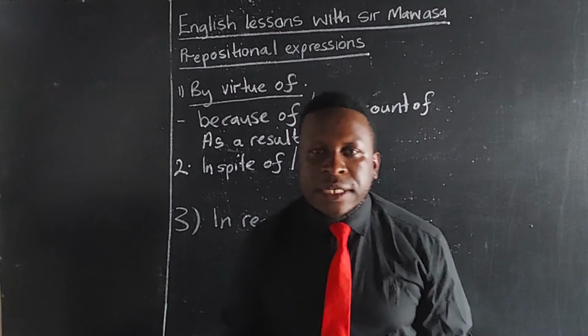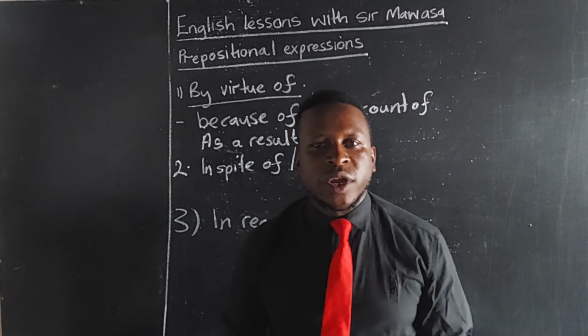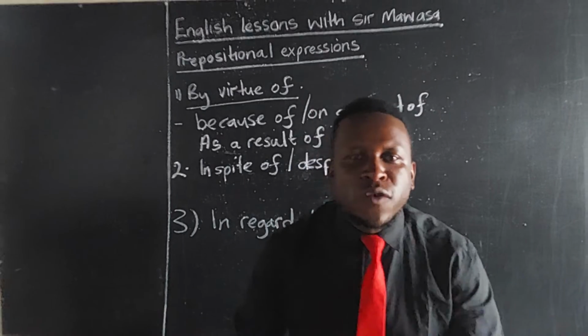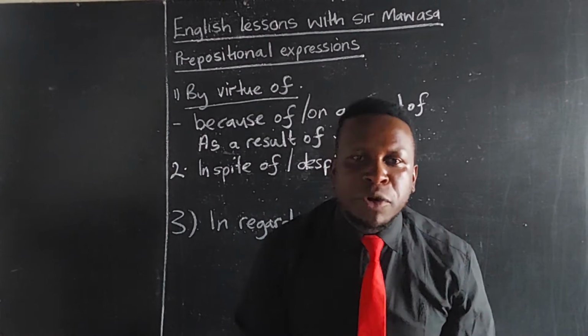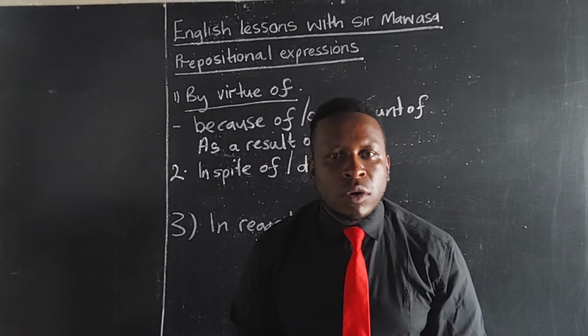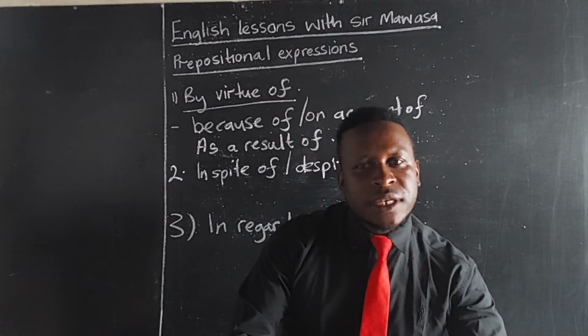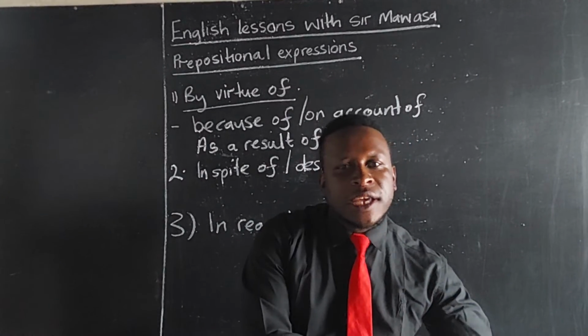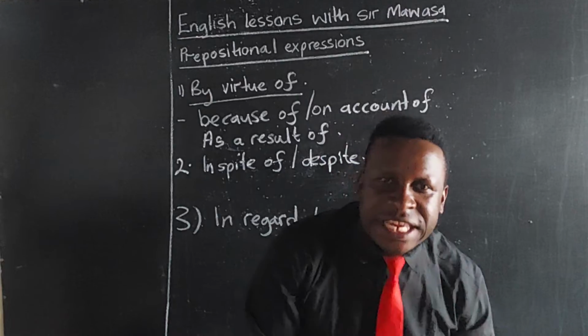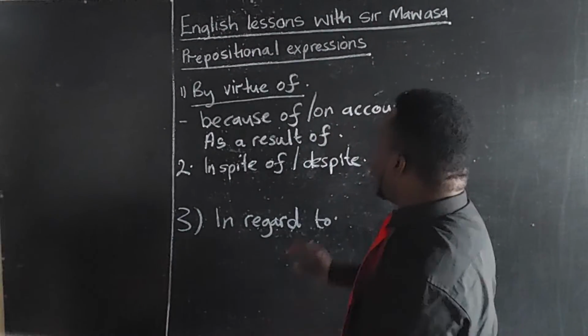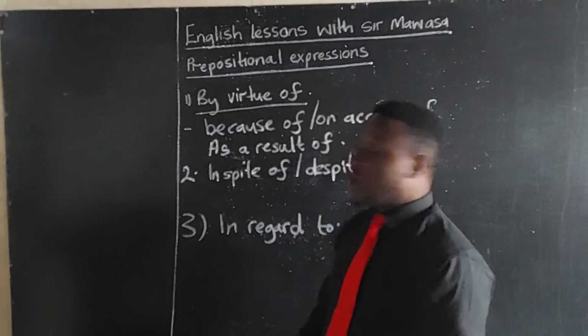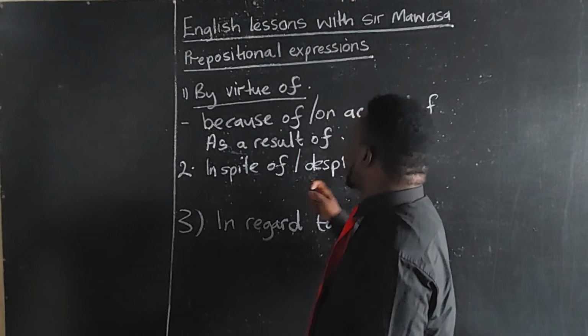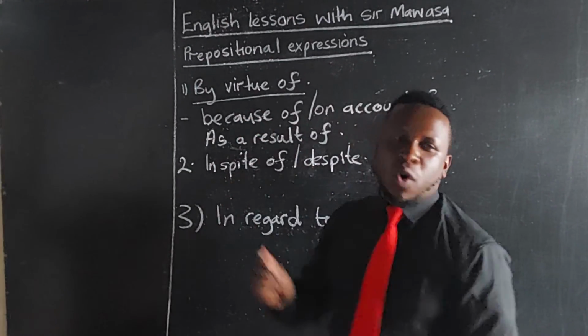In regard to your request for information, I regret to inform you that I am not able to help. So this is how we use in regard to, in spite of, despite, and by virtue of.